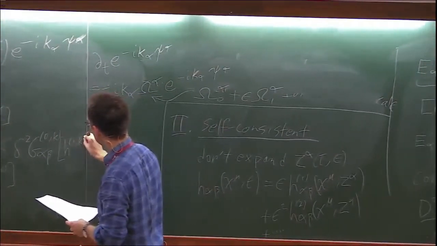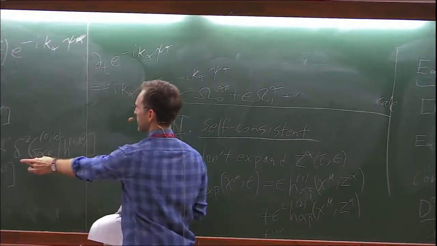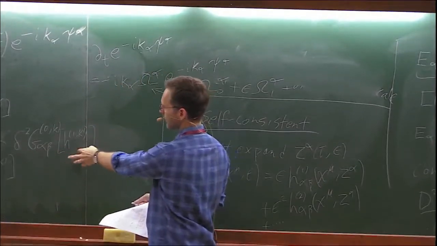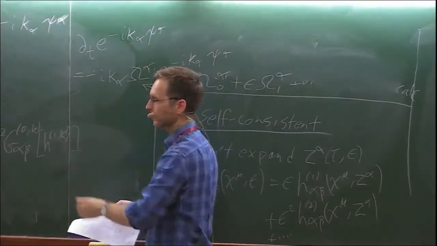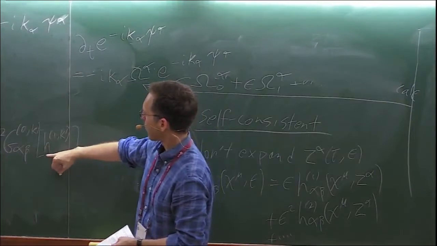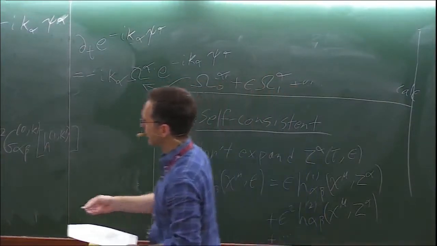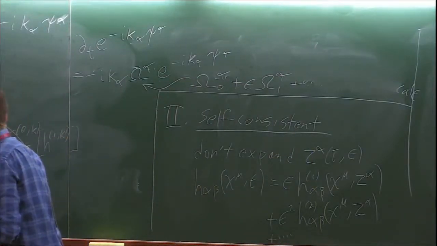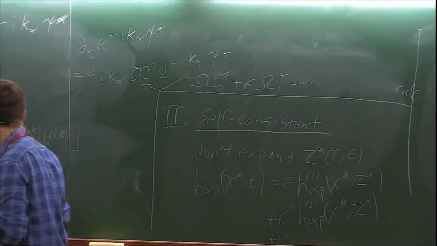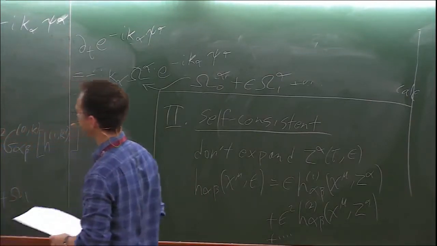There should be k prime. This is quadratic, so it's actually a sum over products of first order modes. To get a single amplitude here, you need all the first order amplitudes. So again, this is basically dt tilde plus omega 1 type terms.